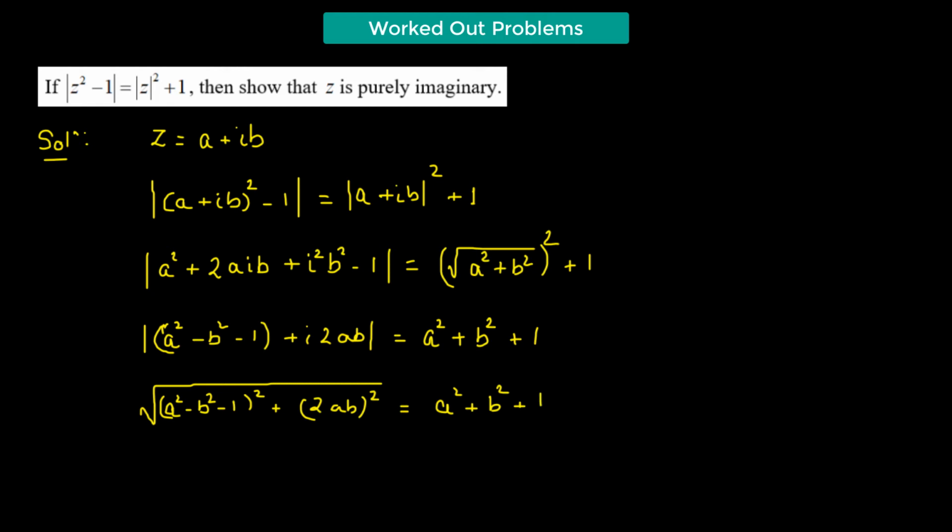Now we're going to square both sides, so that will give us a squared minus b squared minus 1 whole squared plus 4a squared b squared is equal to a squared plus b squared plus 1 whole squared.